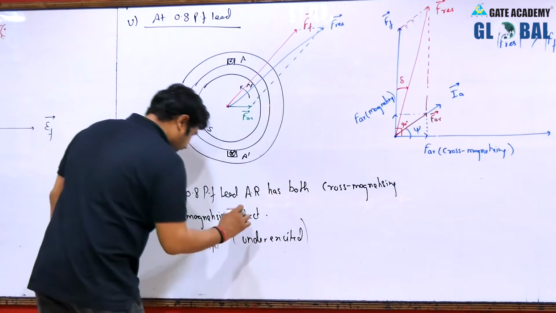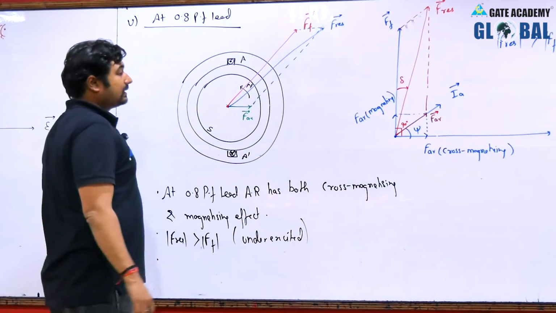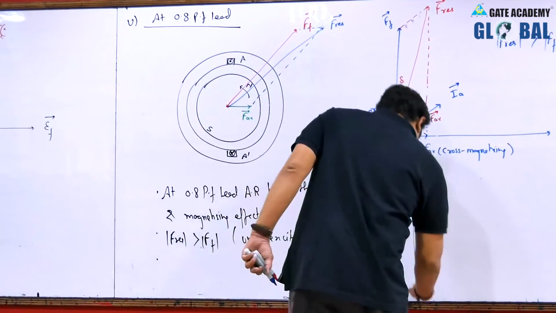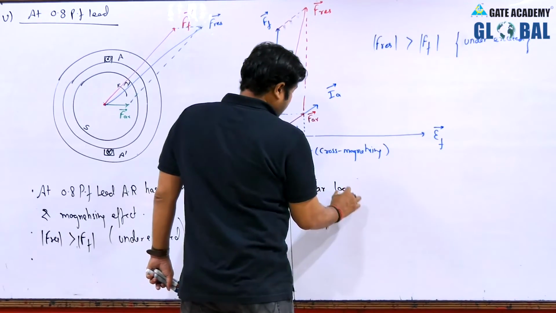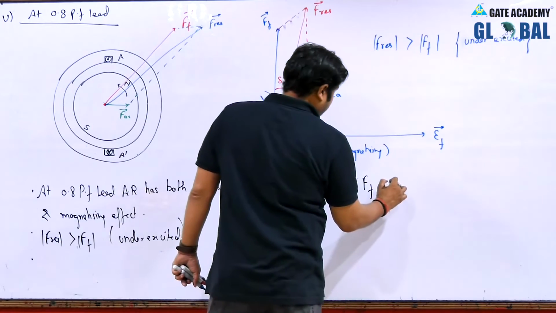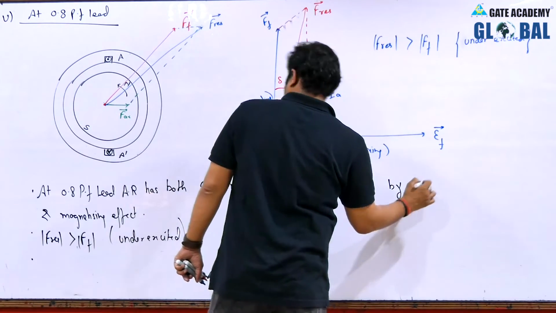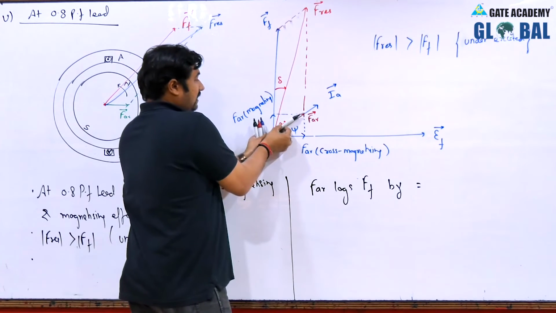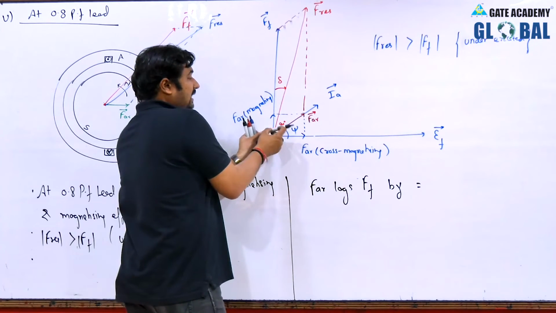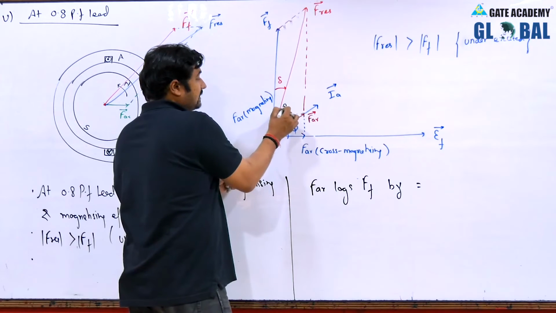Okay, and if we observe here, then FAR lags FF by. So, FAR is here, FF is this, the total angle is 90. So, this angle is 90 minus psi.